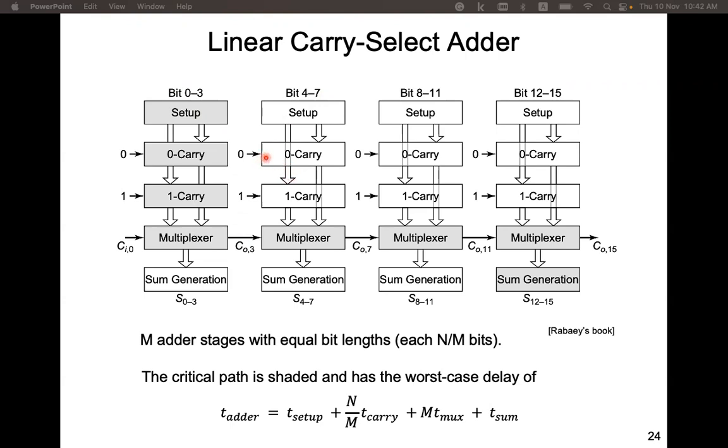But here, we have 2 sets of hardware. Assuming the carry out of the previous stage is 0, we have hardware here. If the output of the previous stage is 1, we have hardware here. Then a multiplexer here, waiting for the result from the previous stage.